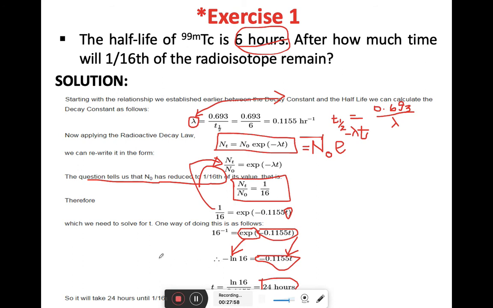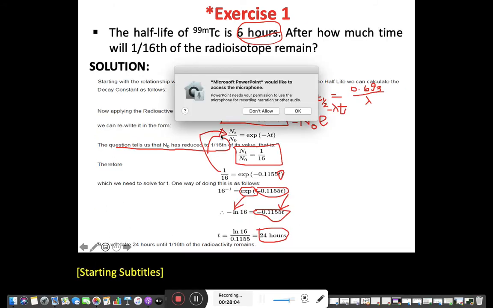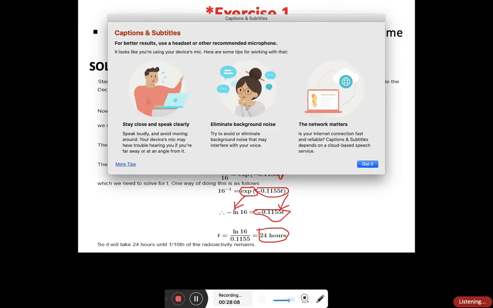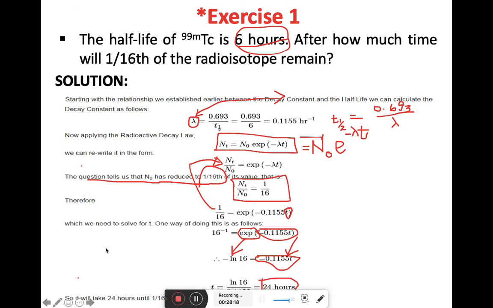So basically it takes... wait now. Okay, got it. Can you give me time?